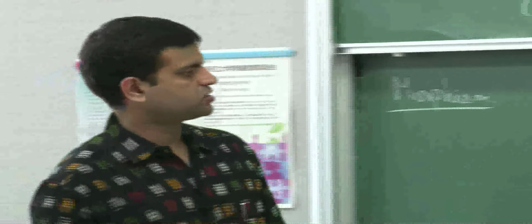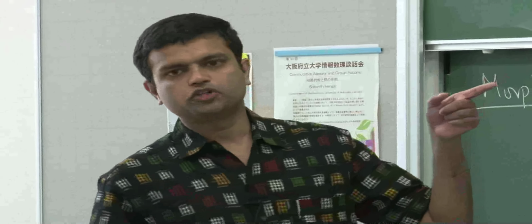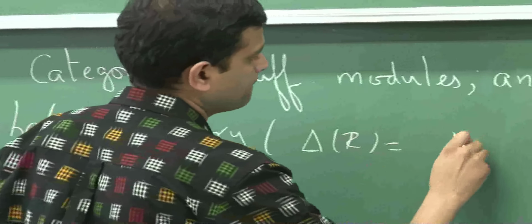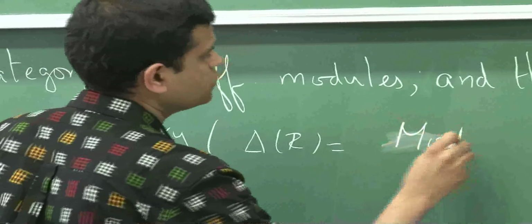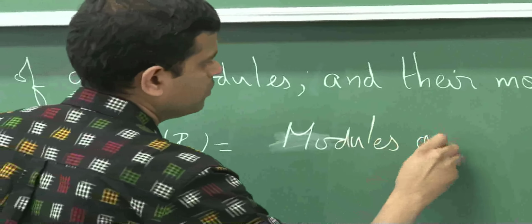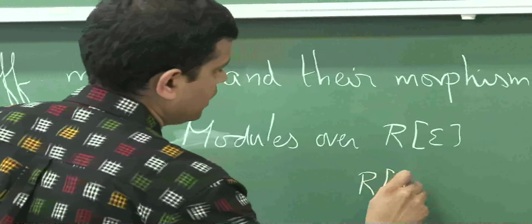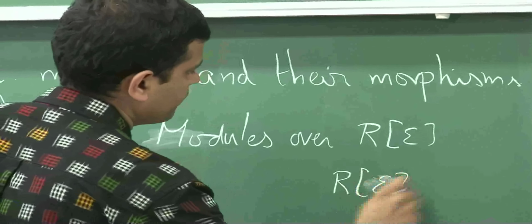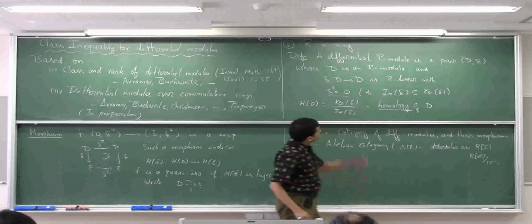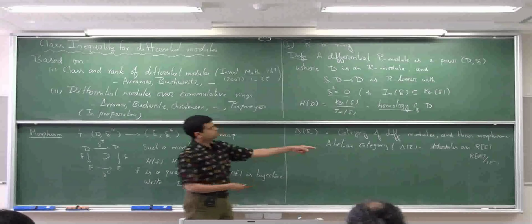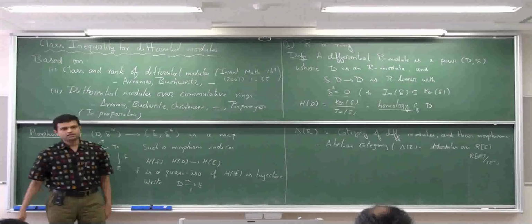So you can either check this directly, or maybe the better way to do it is to just make the observation that a differential module is nothing but a module over the dual numbers. Delta R is just the module category over the ring of dual numbers, so this is R[epsilon] over epsilon squared. Yeah. The differential on the module gives you an action of R[epsilon] on D. So you can identify differential modules as modules over R[epsilon], and then it's clear that it's an abelian category.